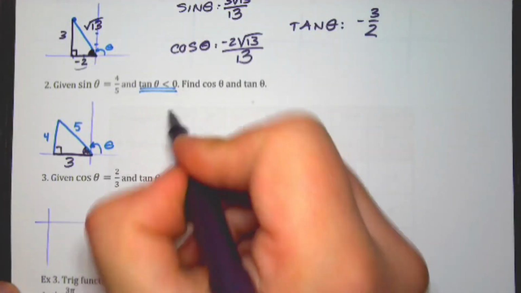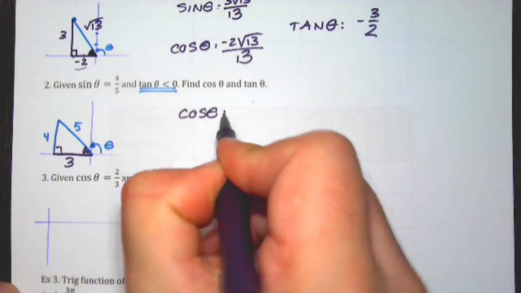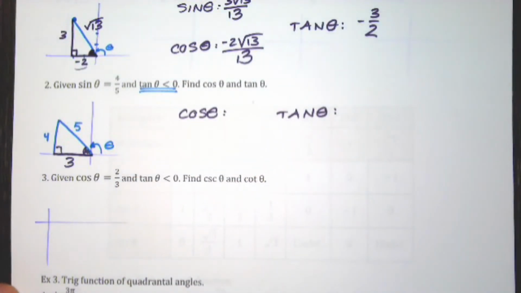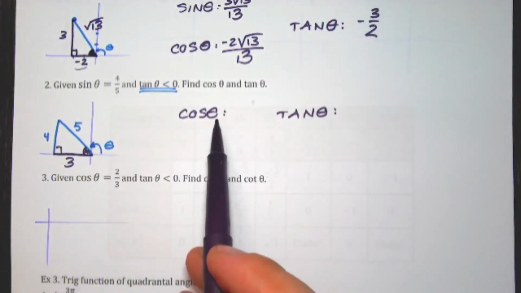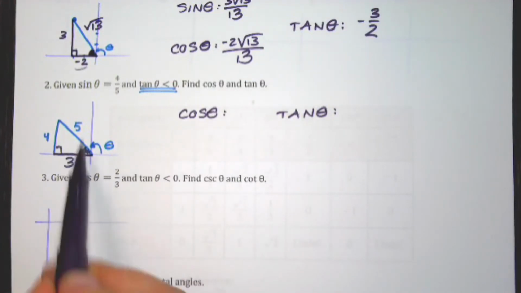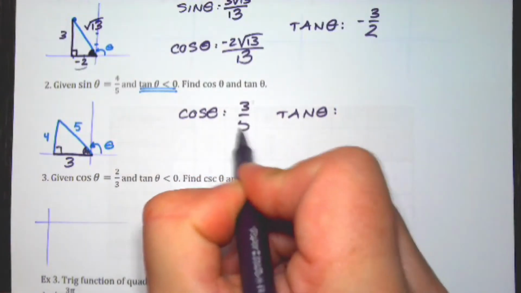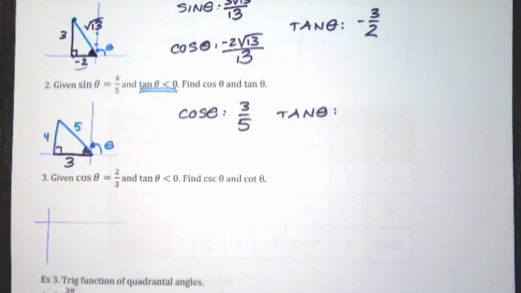So we want cosine and tangent. So for cosine of theta, it's our adjacent side over hypotenuse. We might typically do 3/5, but there's one detail missing.